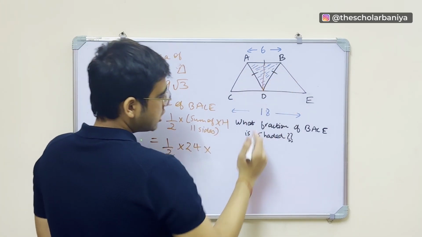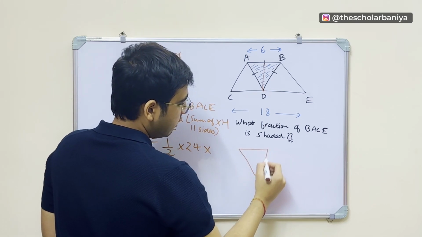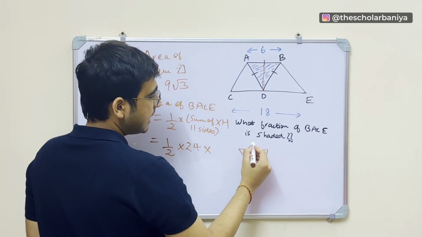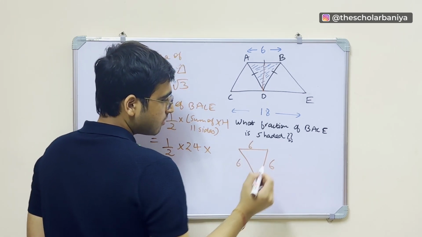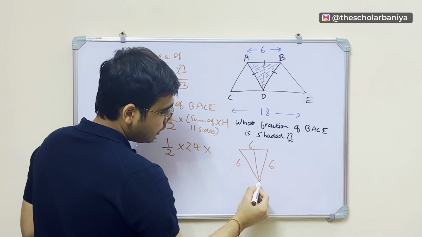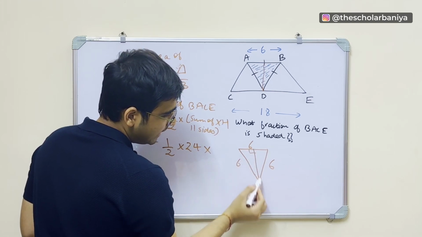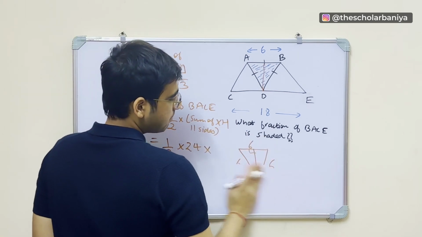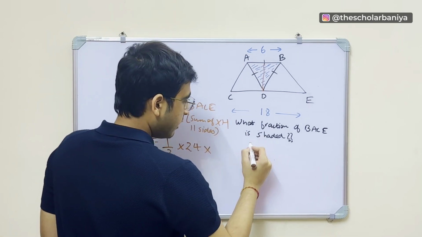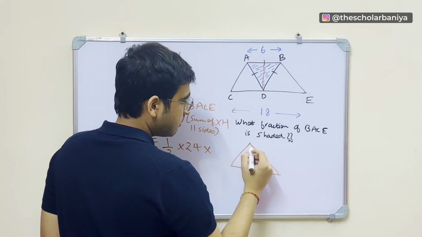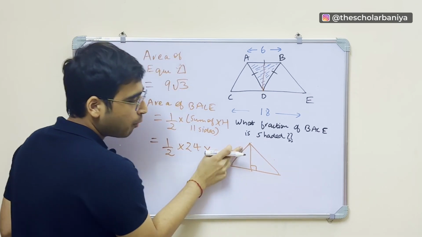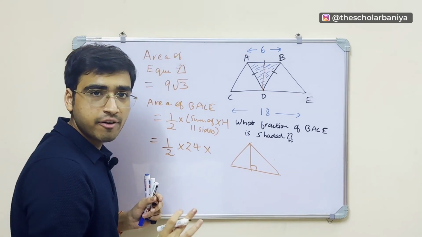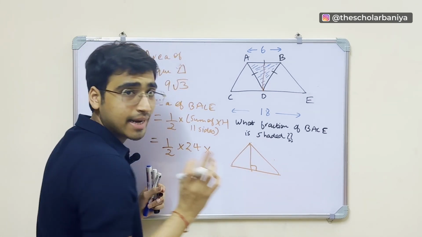Because we know that this is an equilateral triangle in which the side is 6. So whenever we drop a perpendicular in an equilateral triangle, the side gets bisected.